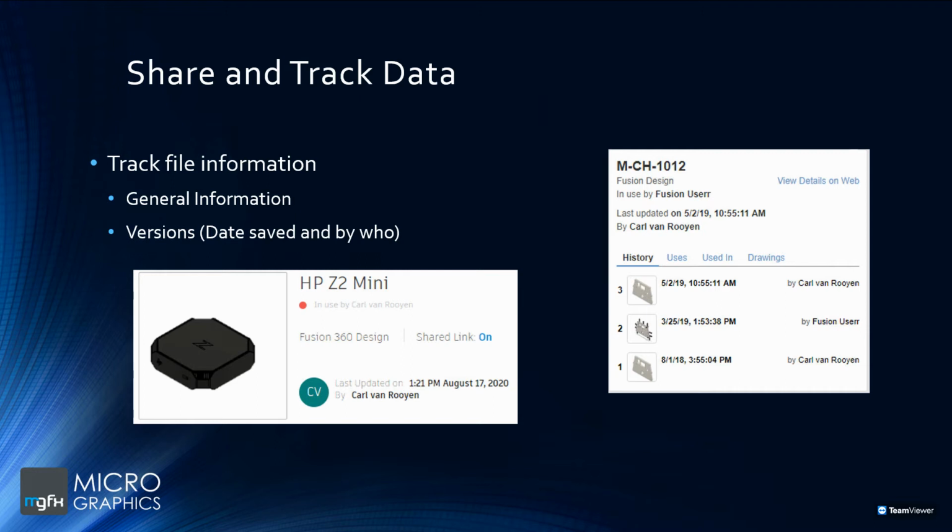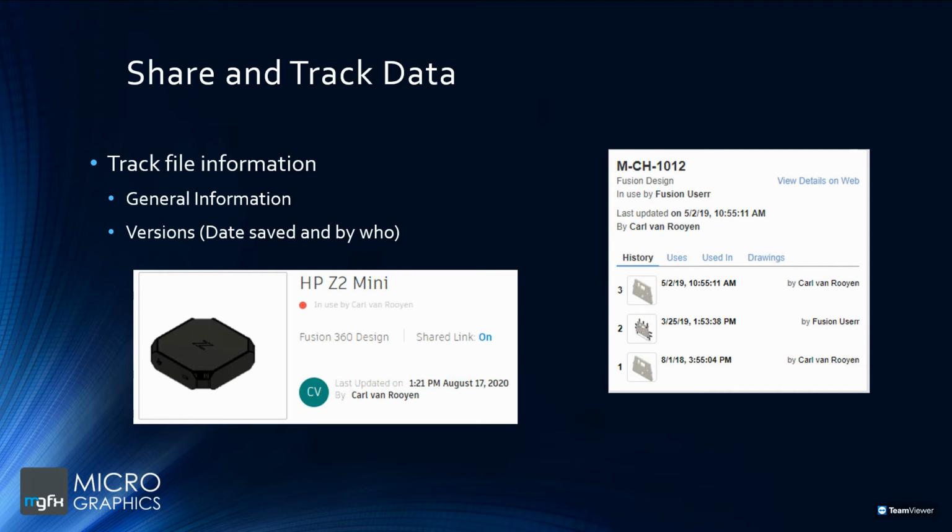So here I've got some screenshots where we are tracking general information with regards to a specific design. So having a look at the screenshot on the bottom left, HP Z2 Mini, we can actually see in that screenshot that it is currently in use by myself. So I have it open in Fusion at the time of taking the screenshot. It is in actual fact a Fusion 360 design.